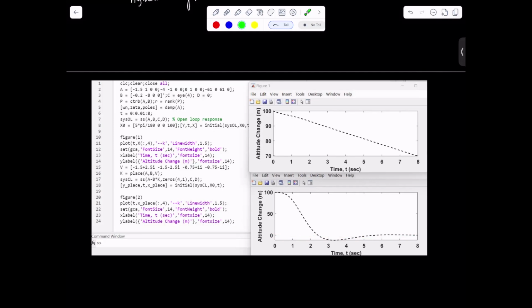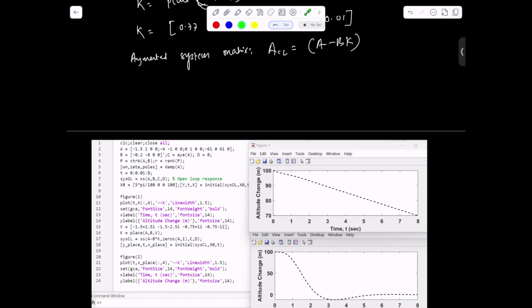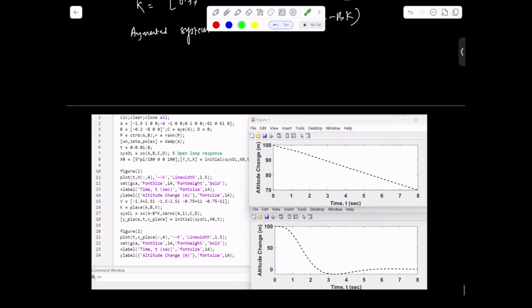This is basically how we can design an altitude hold autopilot system. You can use this code in your MATLAB and find the response. This is the response for open loop and this is the response for the closed loop system. I hope it is useful to design an autopilot for your aircraft.